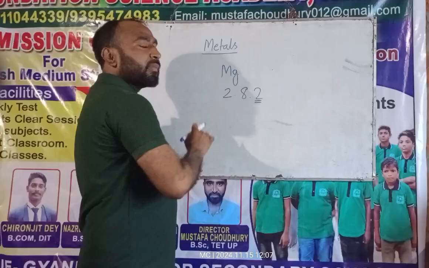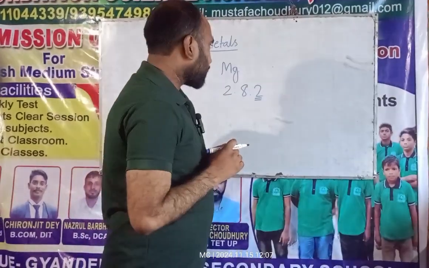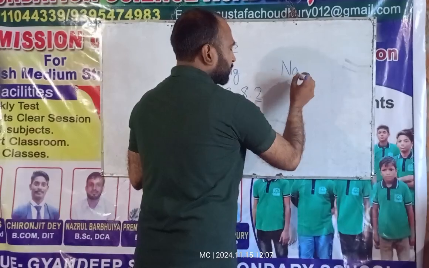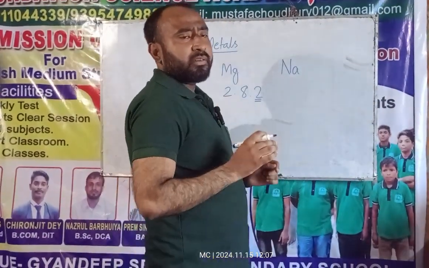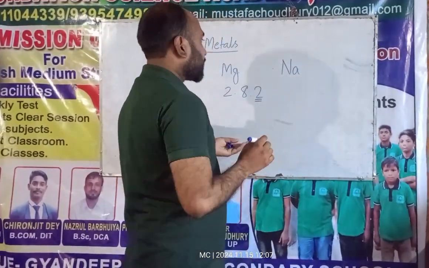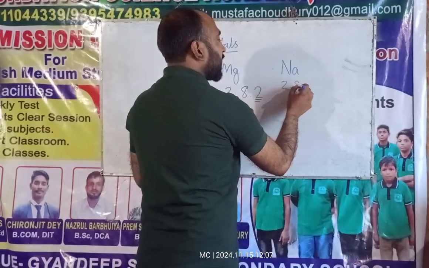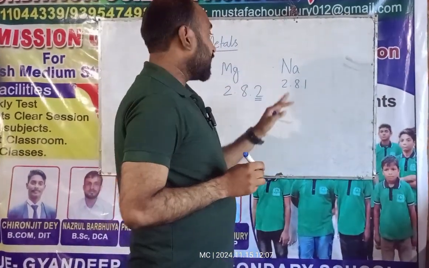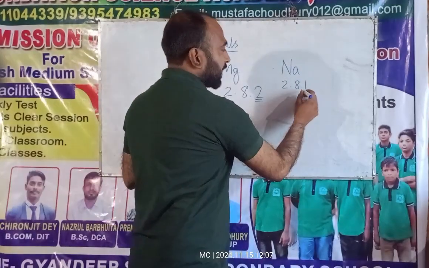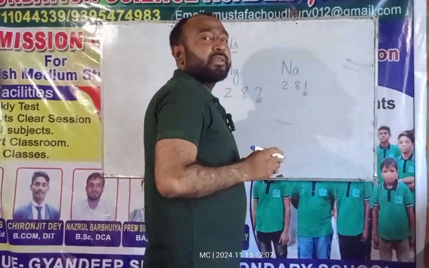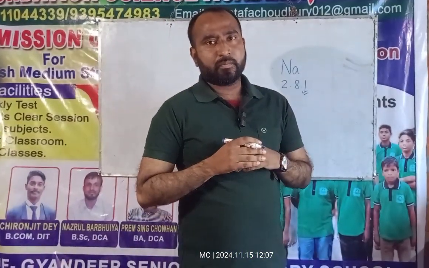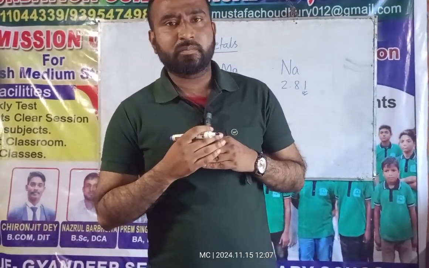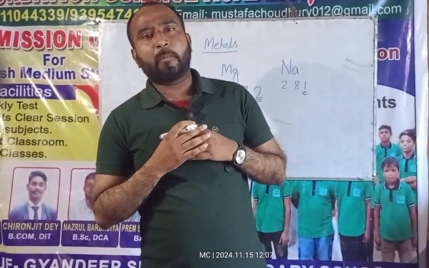That's why magnesium is a metal. Suppose sodium. The atomic number of sodium is 11, so the configuration is 2, 8, 1. That means in sodium, in the outermost shell there is 1 electron. That is, sodium is also a metal. Hope you understood what a metal is, or the definition of a metal.